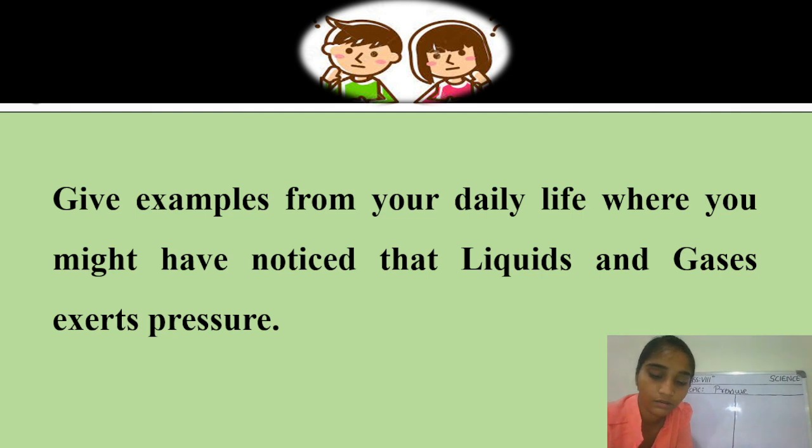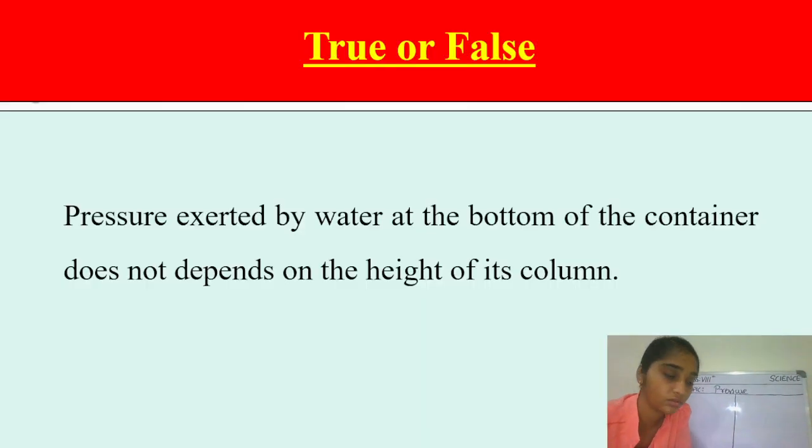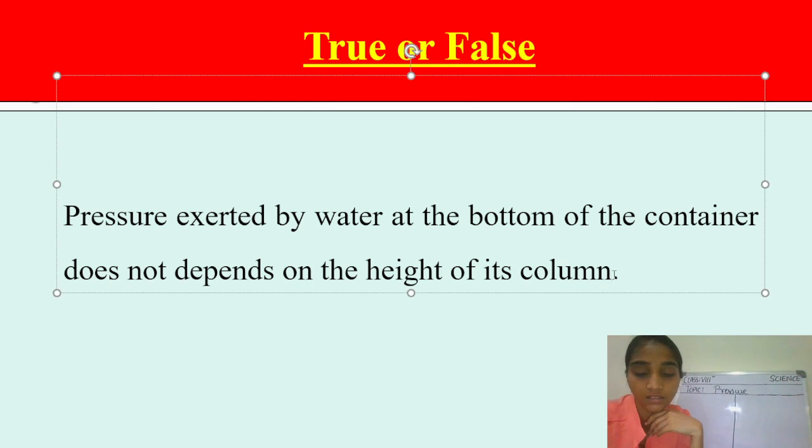Okay, students, now it's your turn to answer this. Pressure exerted by water at the bottom of the container does not depend on the height of its column. So students, what do you think the answer will be, true or false? Yes, you must be answering this statement as false.